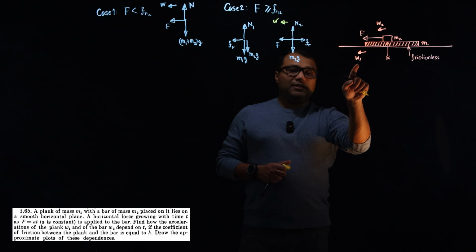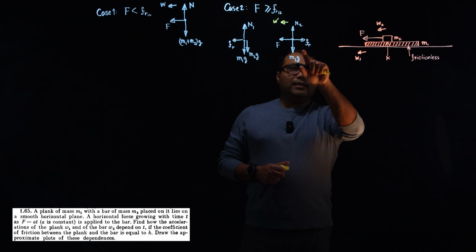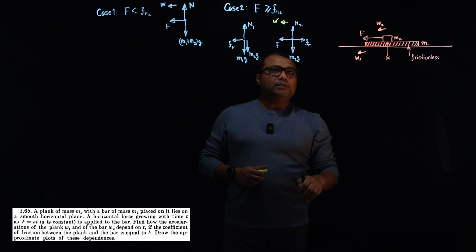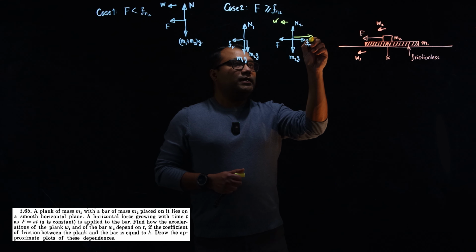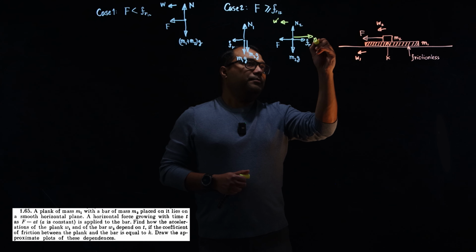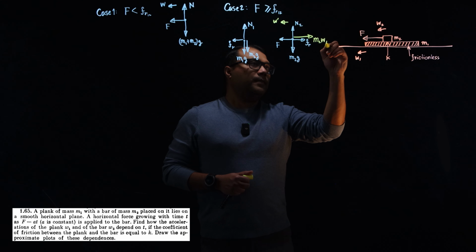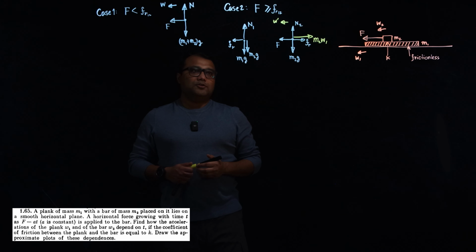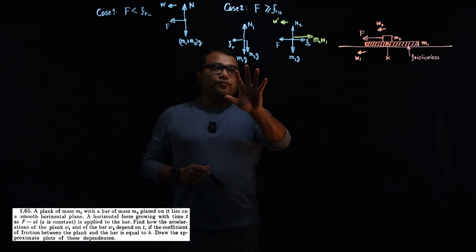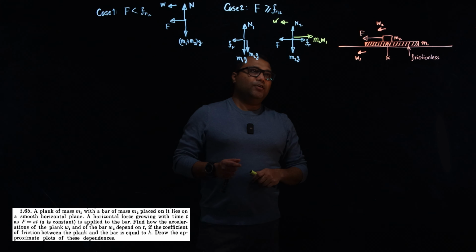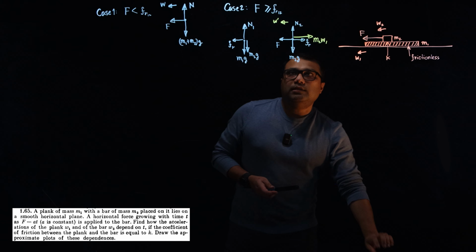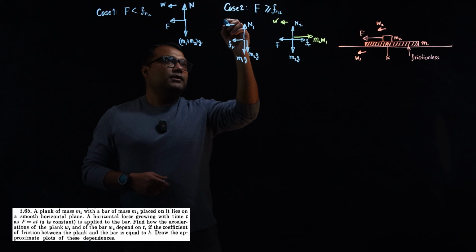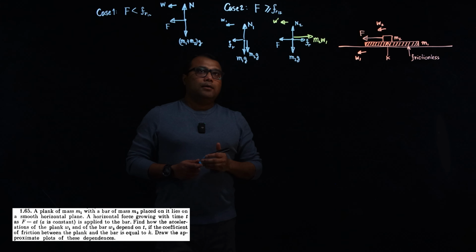So if m1 is accelerating with w1 with respect to ground, then we must introduce a pseudo force which will be opposite in direction to w1. So the pseudo force that will act on m2 will be m2w1. Now this is an inertial frame and we can apply Newton's equations of motion. Now for case 2 then, we have a complete picture of the free body diagram for m1 and m2. One other thing I would like to highlight here is that m1 is accelerating to the left with w1.